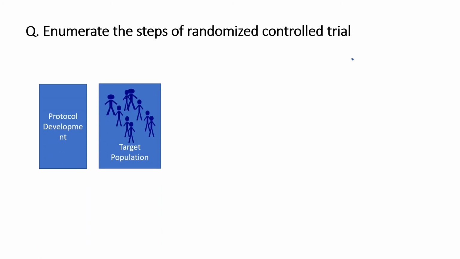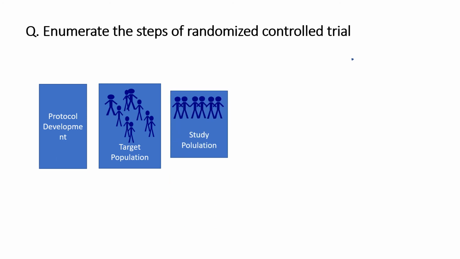First, we have protocol development. Then we assign the target population. From the target population, we choose the study population. Then comes the heart of this randomized controlled trial, that is, the randomization is done.